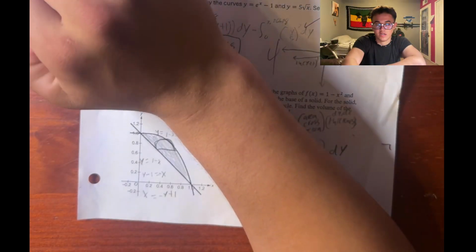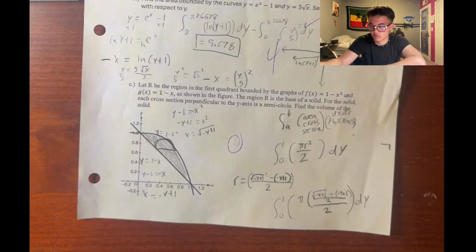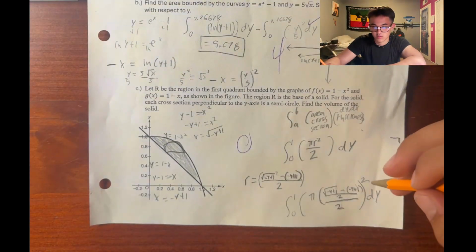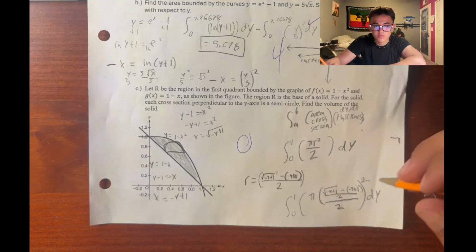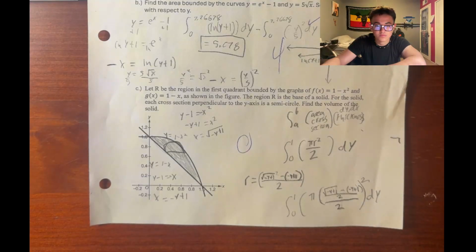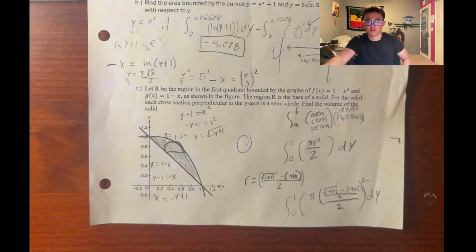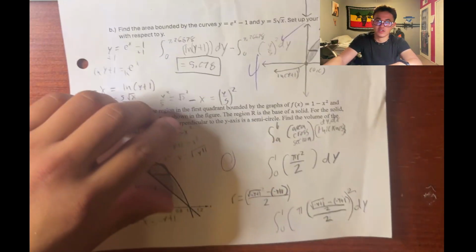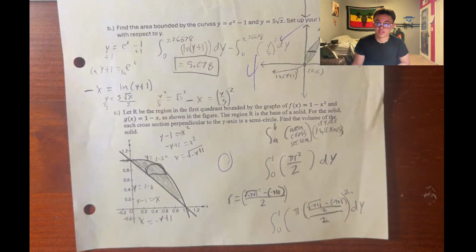This r needs to be squared, can't forget that. And that is the right answer, folks. Maybe I shouldn't have skipped it. That was actually pretty easy.